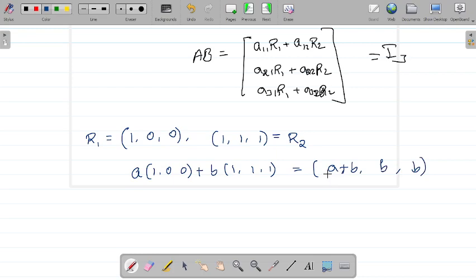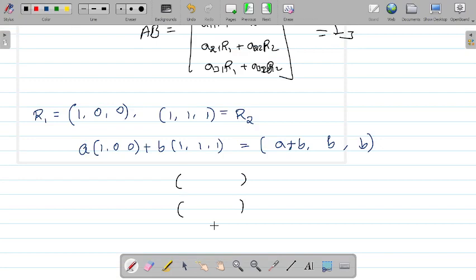Now this a and b can be any arbitrary elements. So now you tell me one thing. Is it possible to generate three linearly independent elements with this? Let us say for the time being I'm taking a equal to 1. So when I take a equal to 1, I get 1 0 0.